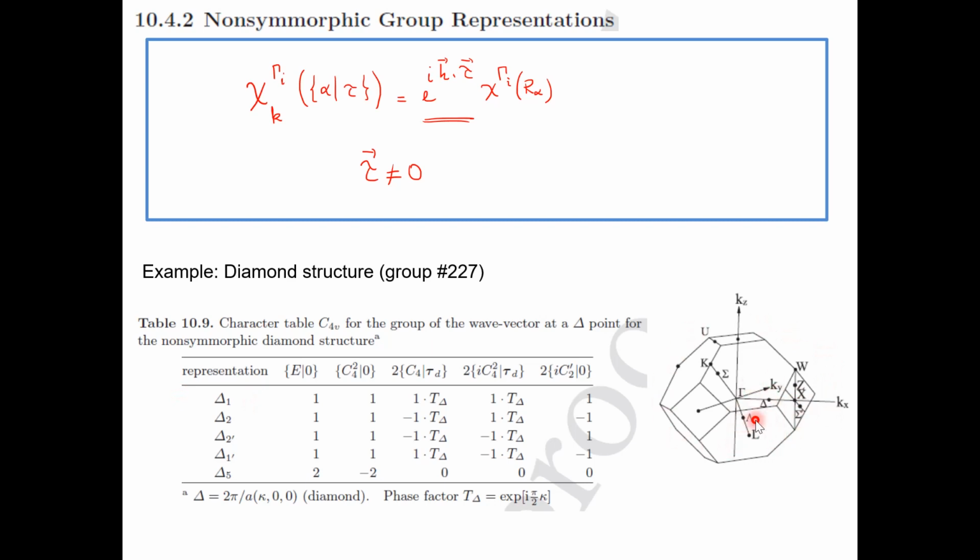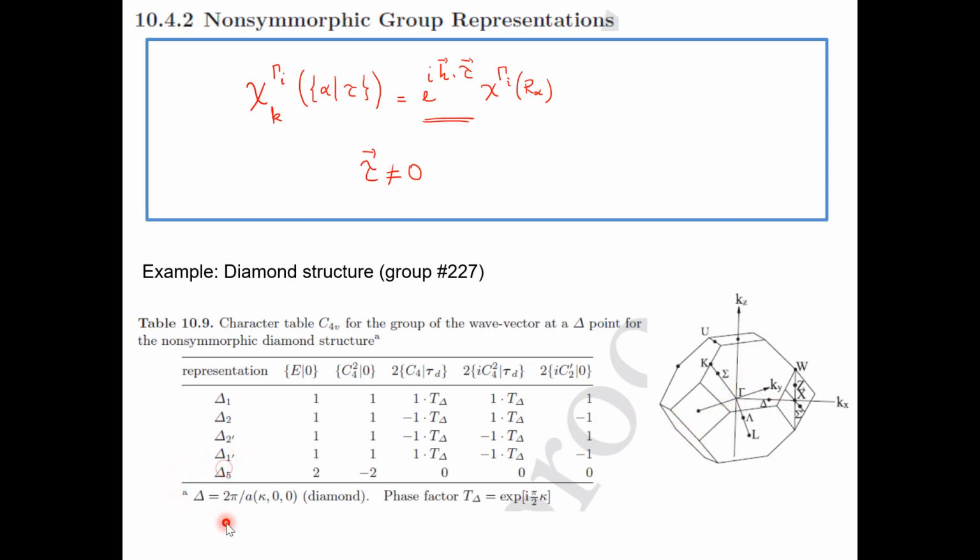And again, the different symmetry lines and symmetry points. Let's focus on the delta direction. The delta direction is along one of the Cartesian coordinates, kx. It goes from gamma to X. So kx different than 0 and ky, kz equal to 0.